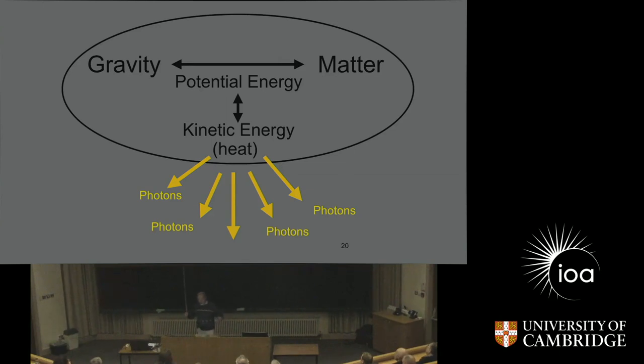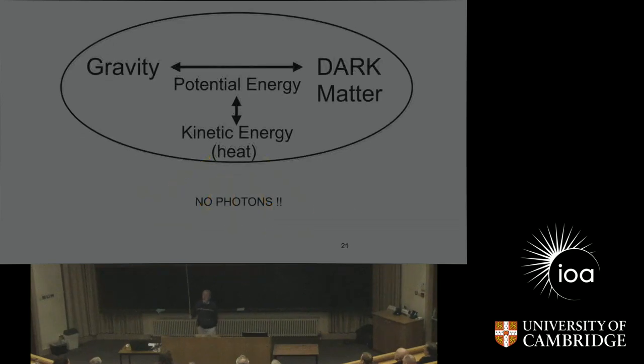And that, since I know you're a pretty sophisticated audience here, is the fundamental difference with dark matter. Same sort of thing, gravity, dark matter creates a gravitational field, and we could have this interchange, but there are no photons to carry the energy out.